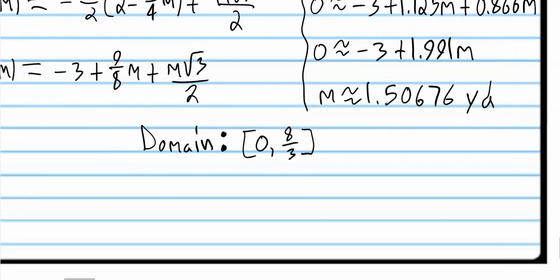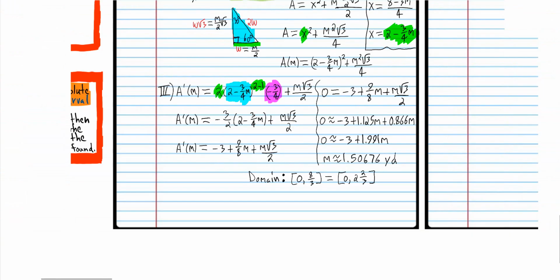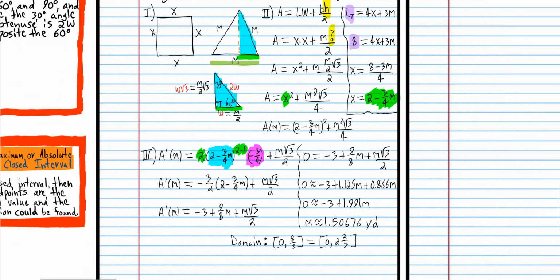And again, we have a bracket, because that's allowed. We can use all of the wire for the triangle. That's if m is 2 2/3 or 8/3.